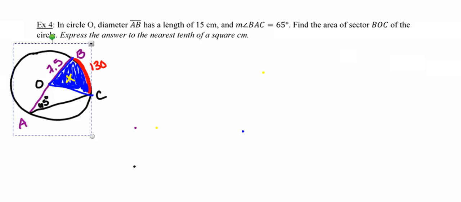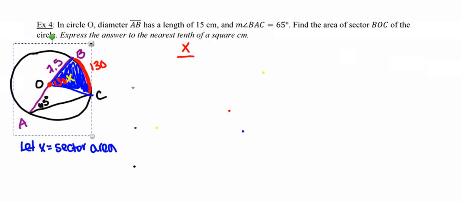So I might start out again by saying let X represent sector area. And I can approach this in a couple different ways. I know that if the measure of this red arc is 130, then the measure of this central angle has to be equal to that of the arc, or 130. So I'm going to use angles, and I'm going to use areas. So part of the area, the sector area, over the whole area.